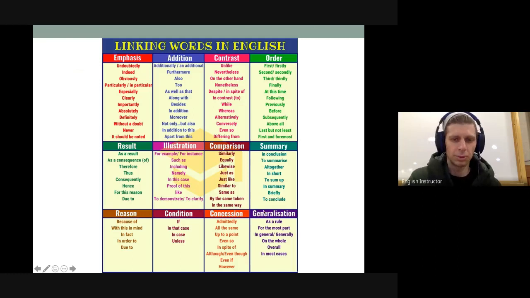It's much better to try to use some of these other linking words to set your essay apart. So, to summarize or in summary, to conclude, for this reason or for these reasons, as a result. There's a lot of different ways that you can link those words together.